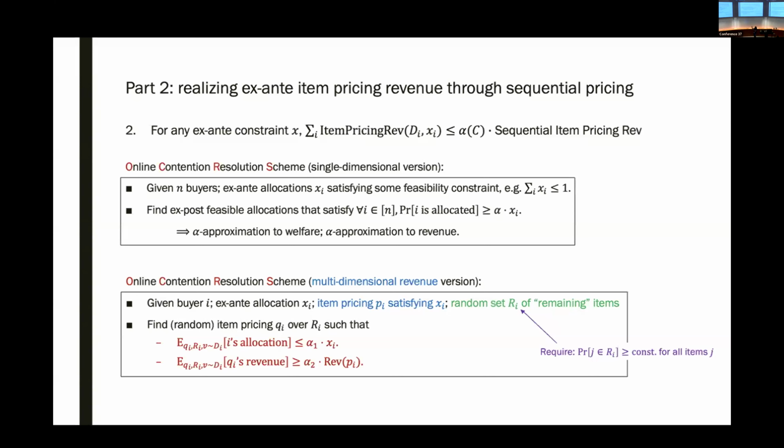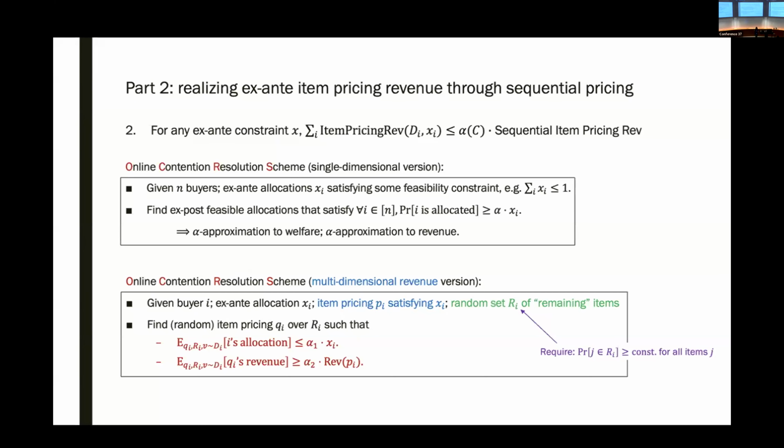So the difference is that here we don't have the independence assumption, but we approximate a weaker benchmark. But the interesting aspect is that the mechanism that in the end turns out to be approximately optimal is almost much the same in the two cases.